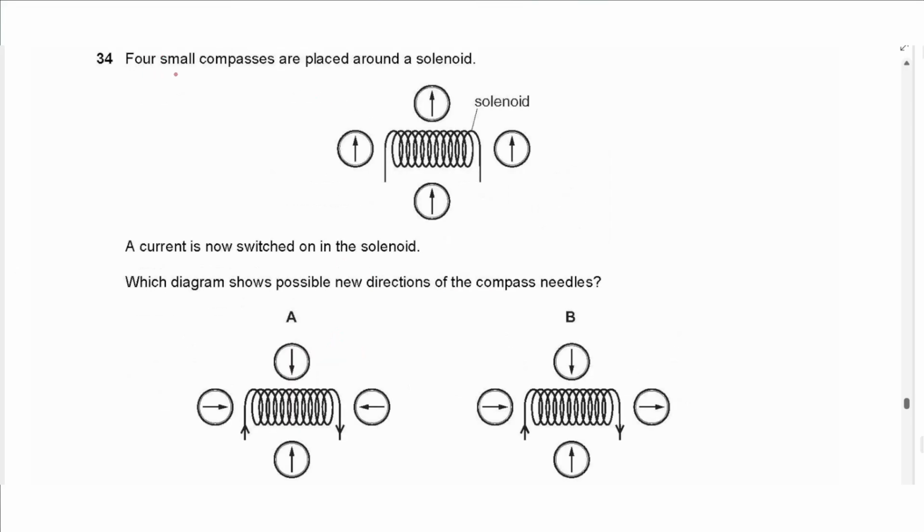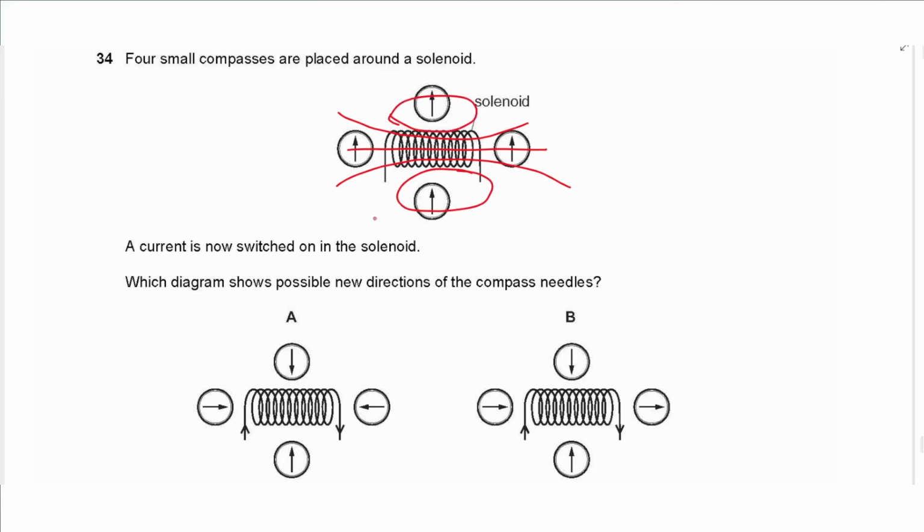Question 34 says 4 small compasses are placed around the solenoid. A current is now switched on in the solenoid. When the current is in the solenoid, the magnetic field is like this, and the compasses should point as tangents to the magnetic field lines.